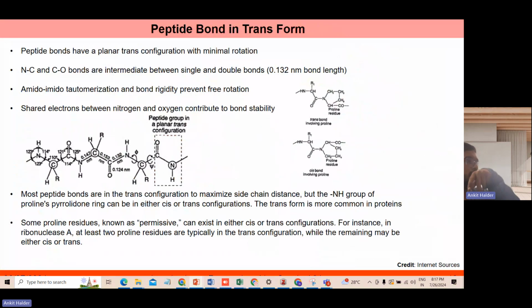So then we can move to understand that the peptide bond remains mostly in trans form, right? So not in the cis form. Again, the peptide bond can be present in cis or trans. So now why do they have a planar trans configuration with minimal rotation?